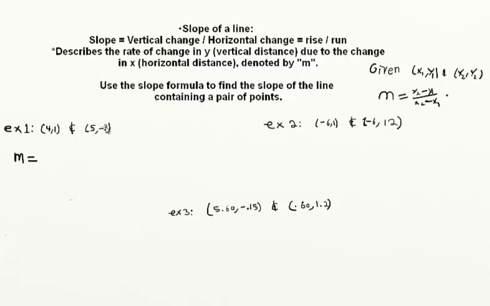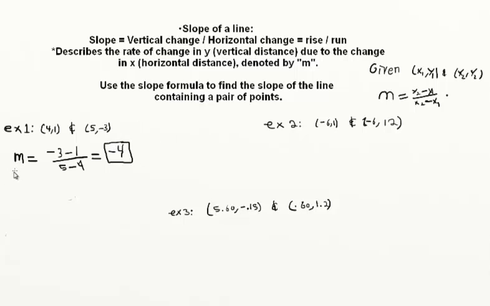So we take minus 3 minus 1, the change in vertical distance, over the change in horizontal distance, which is 5 minus 4, because those are the horizontal values. Minus 3 minus 1 is minus 4, and 5 minus 4 is 1, and anything divided by 1 is itself.